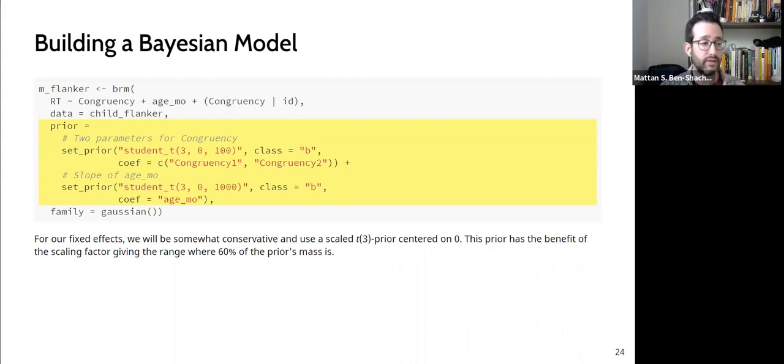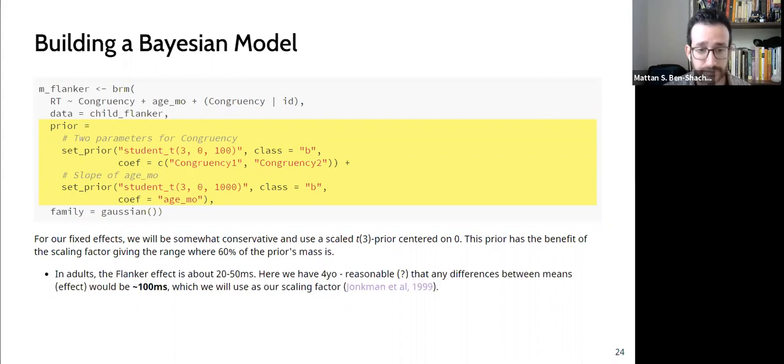So for the fixed effect of congruency, in adults, the flanker effect is usually somewhere between 20 and 50 milliseconds. But here we're talking about 4-year-olds. So I have to justify my priors. I'm going to argue that the differences can be expected to be around 100 milliseconds.